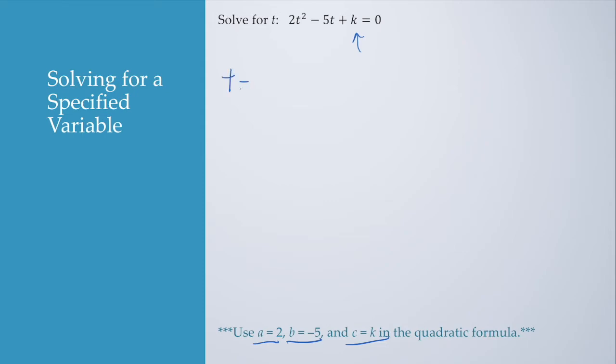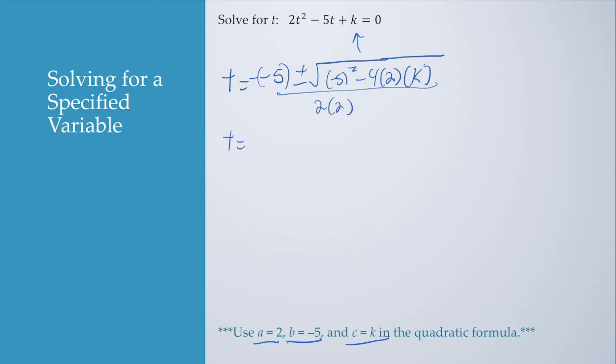So I have t equals negative b, so that's negative negative 5, plus or minus the square root of b squared minus 4 times a, which is 2, times c, which is k, all over 2a, so it's 2 times 2. So t is 5 plus or minus the square root of 25 minus 8k over 4. So that's all I can do. I've solved for t, and I can't simplify this any further. So this is actually our final answer.